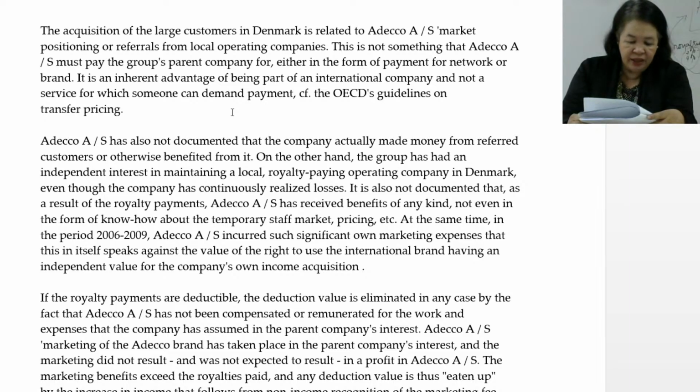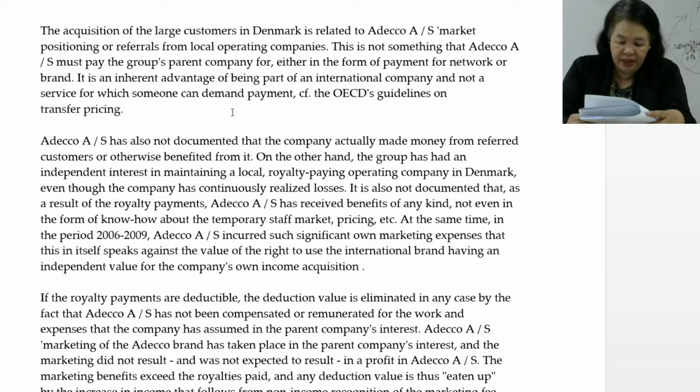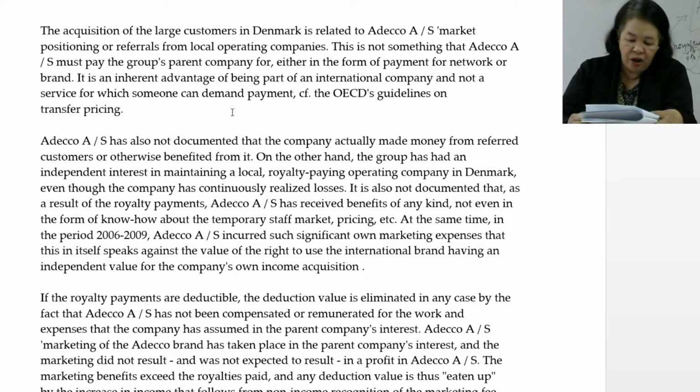It is also not documented that as a result of the royalty payments Adecco AS has received benefits of any kind, not even in the form of know-how about the temporary staff market pricing.